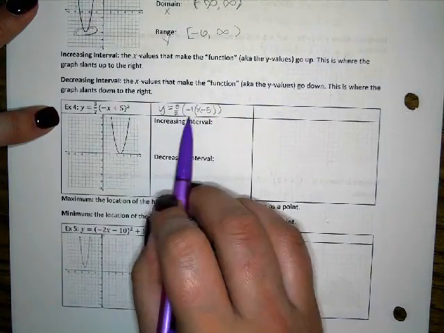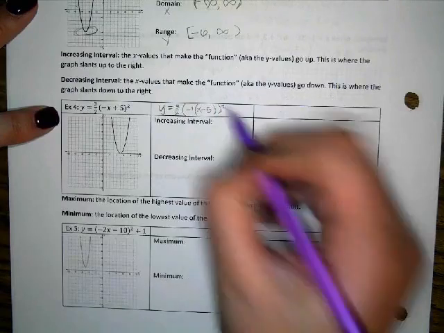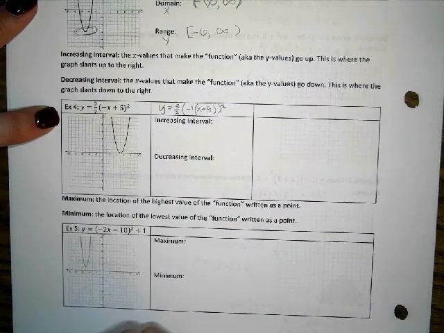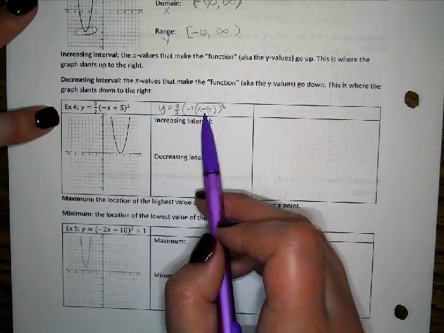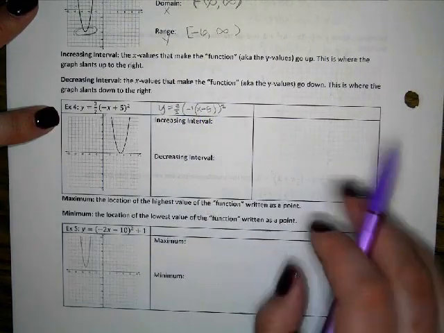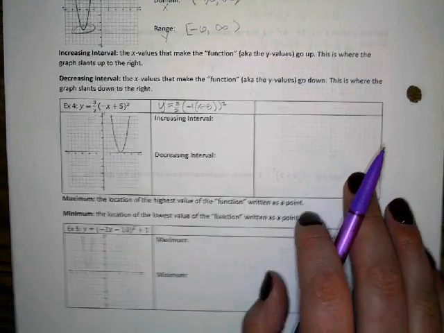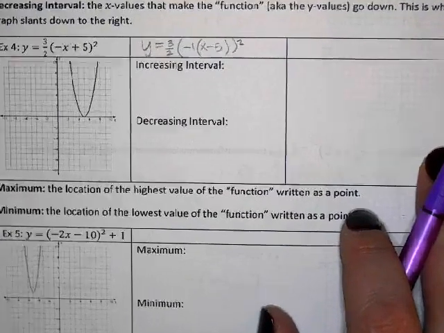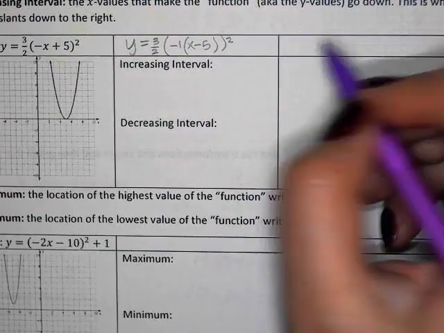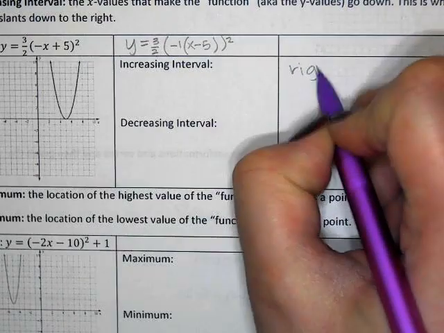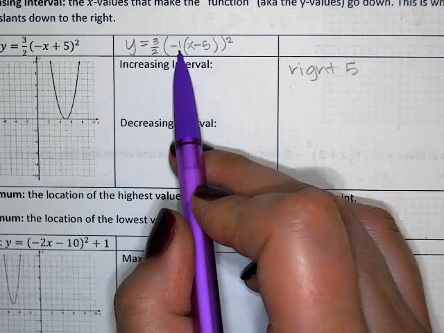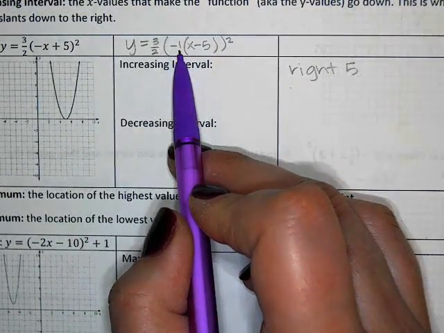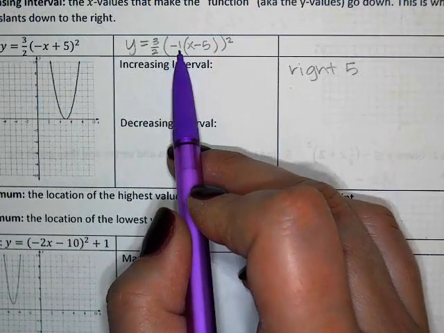So what are the transformations for this graph? Right 5. 1 is normal. It's not a stretch, not a compression. But it is negative. What's the negative? Reflect over the y-axis.